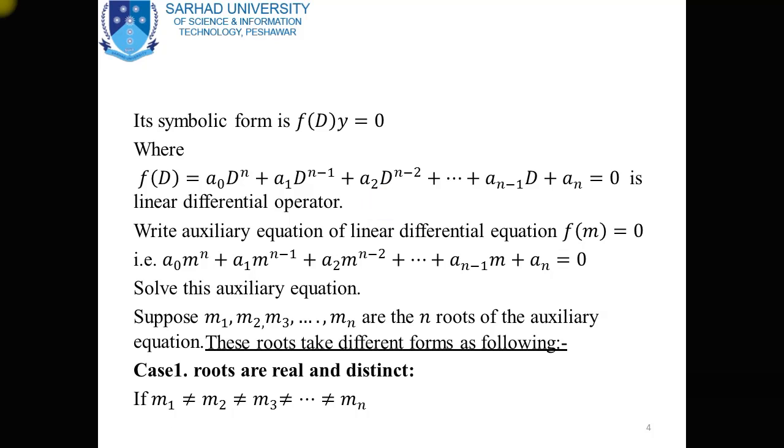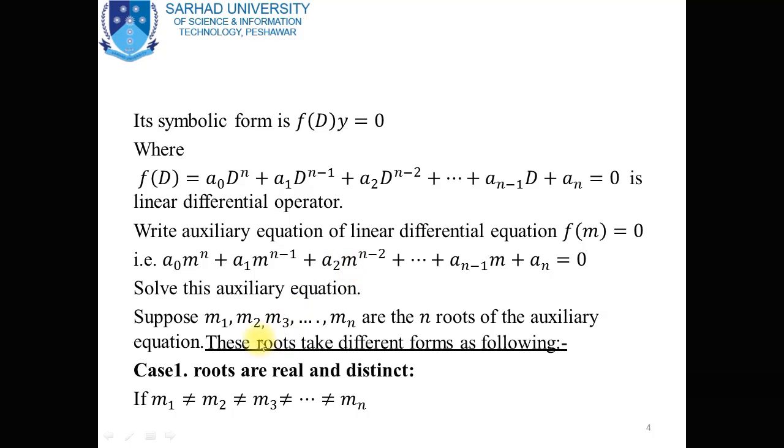One is a complementary solution and the other is a particular solution. But since in this lecture we are considering only the homogeneous part, we take only the complementary solution. So first find the roots, then we will make the form of the complementary solution.